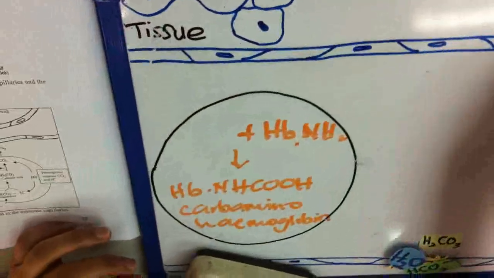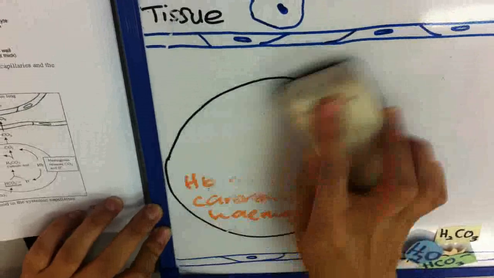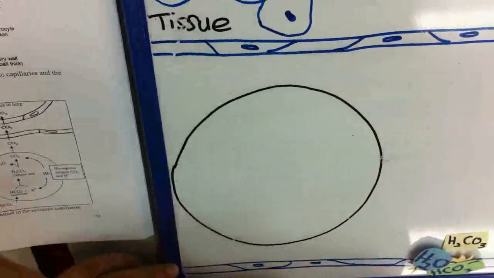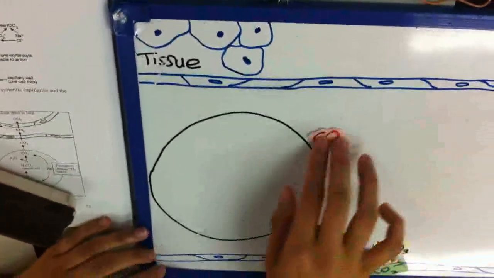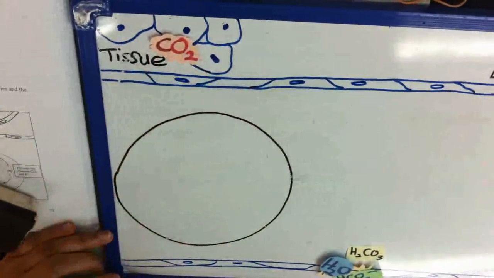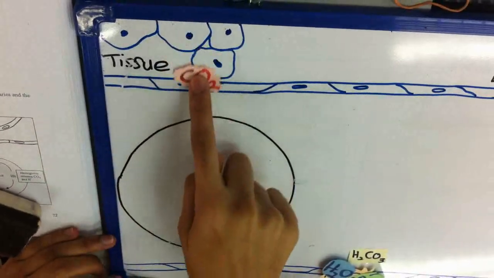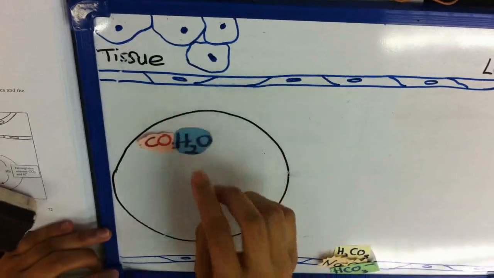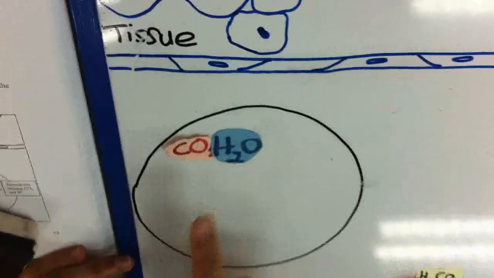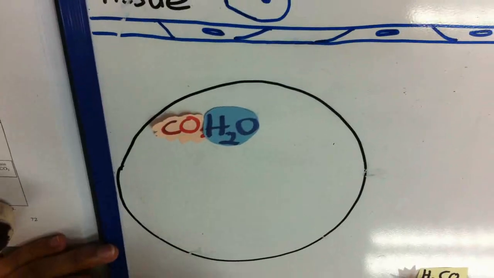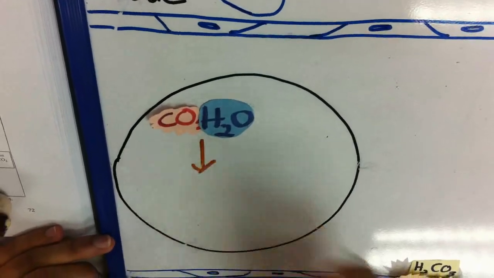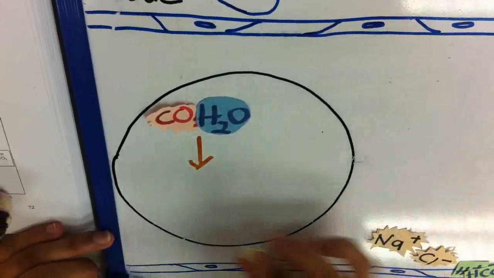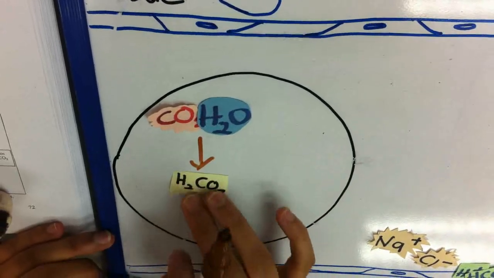The third and final pathway, which is the most abundant pathway, around 60 to 85%, is where CO2 from the tissues will enter the red blood cell and bind with H2O that is already inside the red blood cell. When it binds with the H2O, it will form the same thing, H2CO3, which is the carbonic acid.